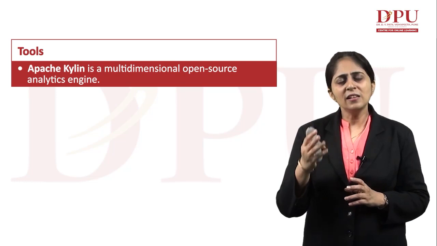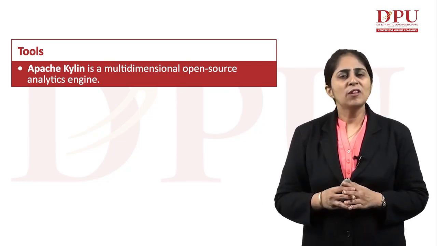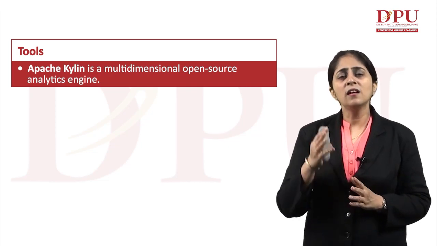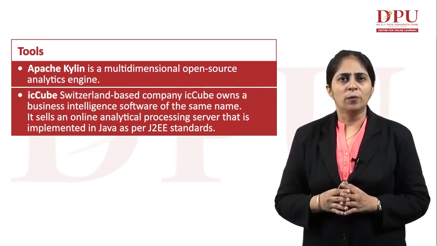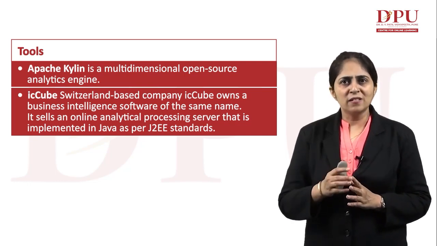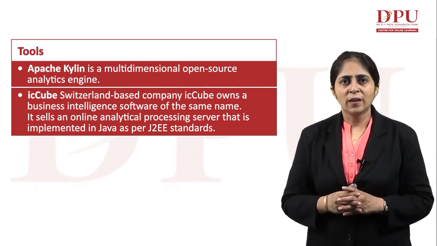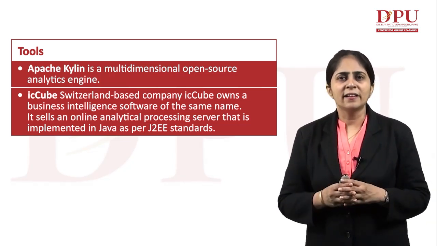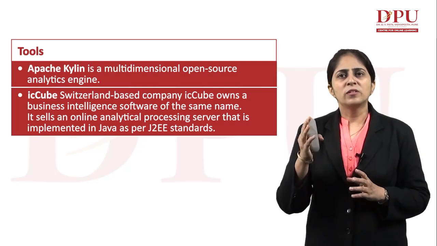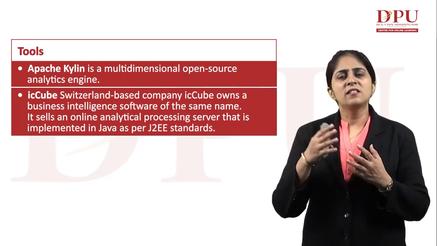So Apache Kylin is another form of tool that can be used. Then we have another tool that is ICCube. It is a Switzerland-based company. It owns a business intelligence software of the same name, that is ICCube. It sells an online analytical processing server which is implemented in Java as per J2EE standards.